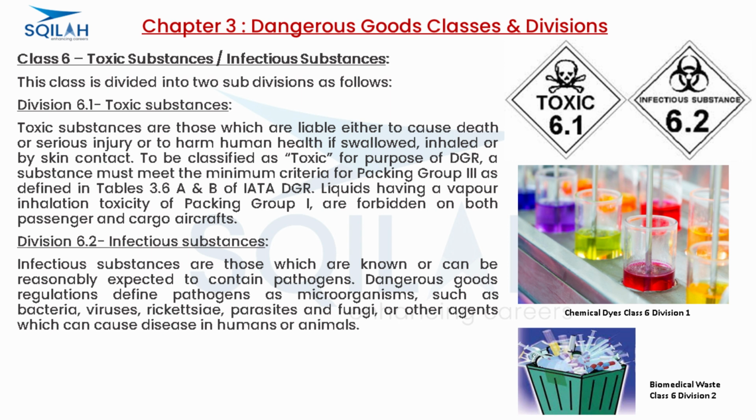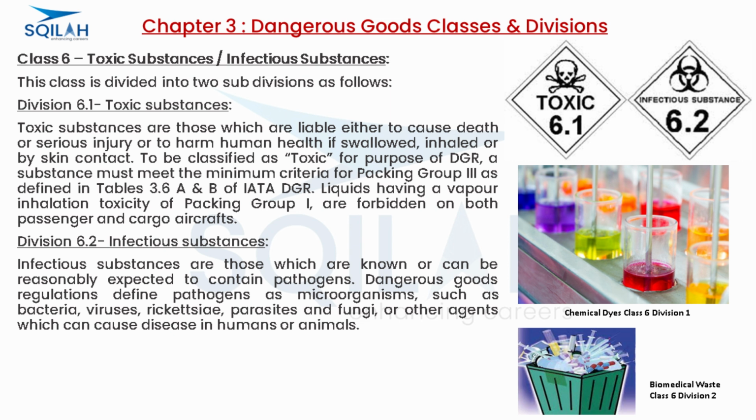To be classified as toxic for purposes of the DGR, a substance must meet the minimum criteria for packing group 3 as defined in tables 3.6.A and B of the IATA DGR. Liquids having a vapor inhalation toxicity of packing group I are forbidden on both passenger and cargo aircraft. Division 6.2 Infectious Substances.